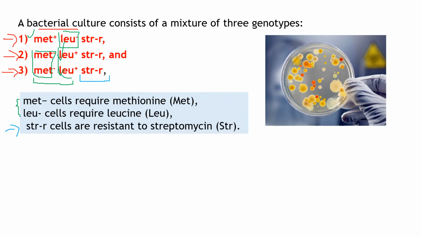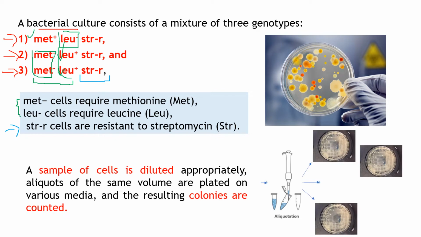Okay, so we have a bacterial culture with different genotypes, and now what we're going to do is dilute those samples, making aliquots, and grow those in a media, plate them.